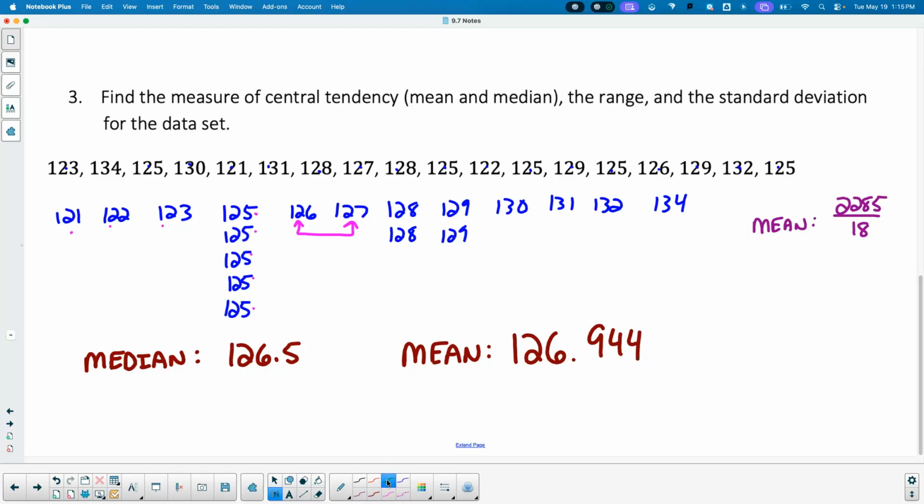Range is biggest, 134, minus the smallest, 121. So my range here is 13. Yay, nay? Questions, comments, concerns, clarifications? All right, let's get into some two-way tables today.